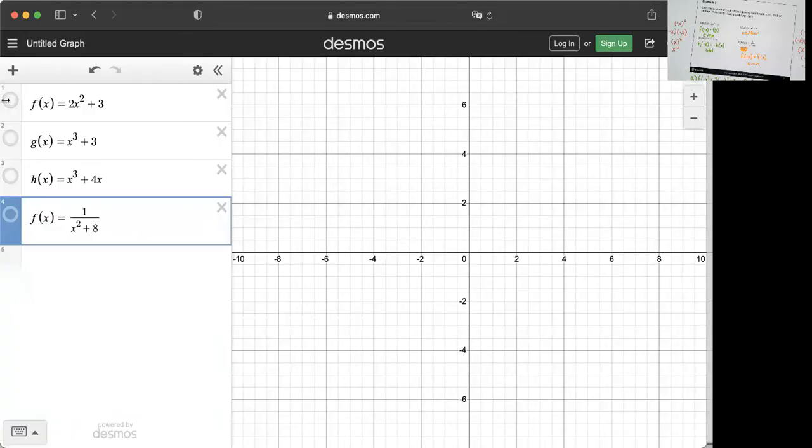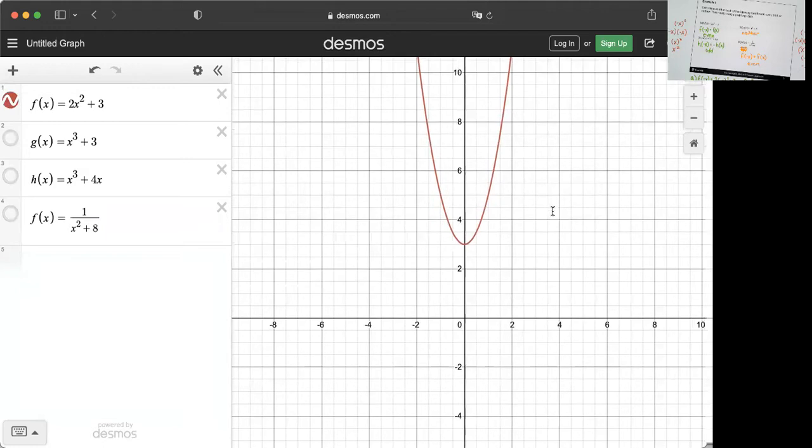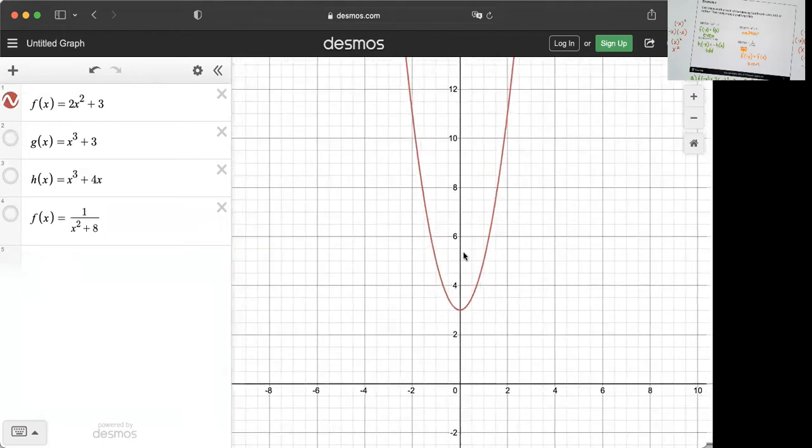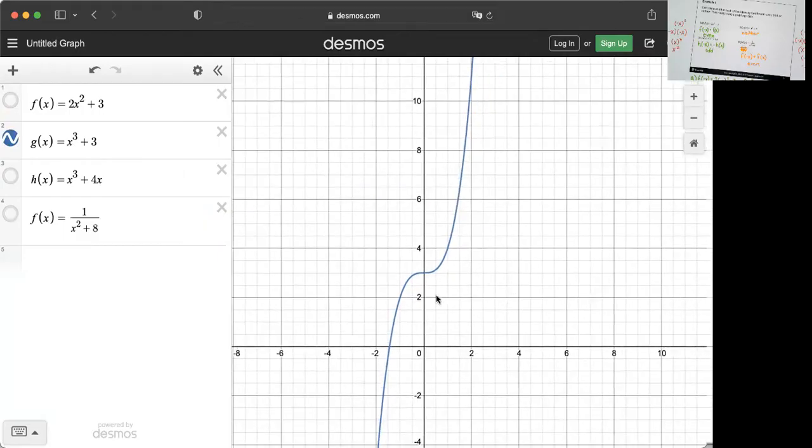So we have the first one we said was even. So we'll show that one. It's even because if I fold it along y, it will look the same on both sides. It mirrors itself, right? And g of x, we said is, that was b, we said it's neither. It does look like it mirrors, right?